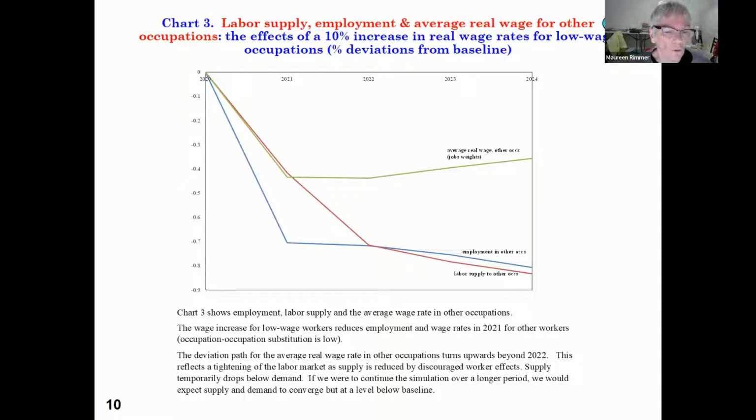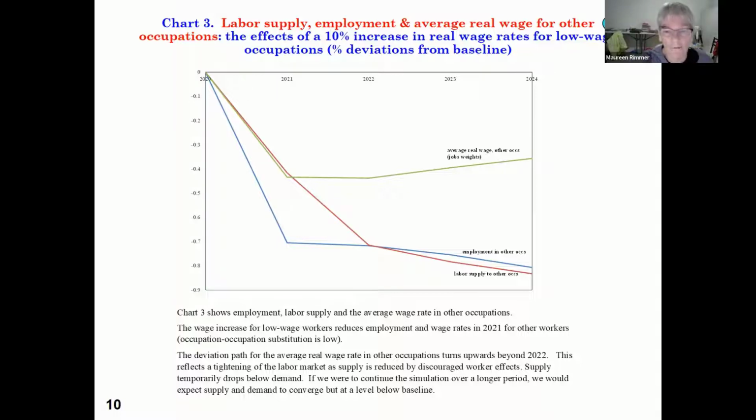There's a big wage differential. If there's a big wage differential, it's very hard to move from one occupation to another. So the labour supply is not going to fall as much as employment in the first instance, and so the real wages start falling, and they'll fall until the gap between the labour supply and the employment disappears.